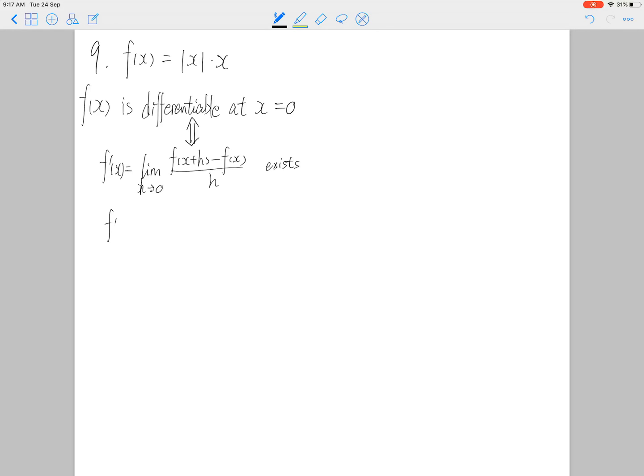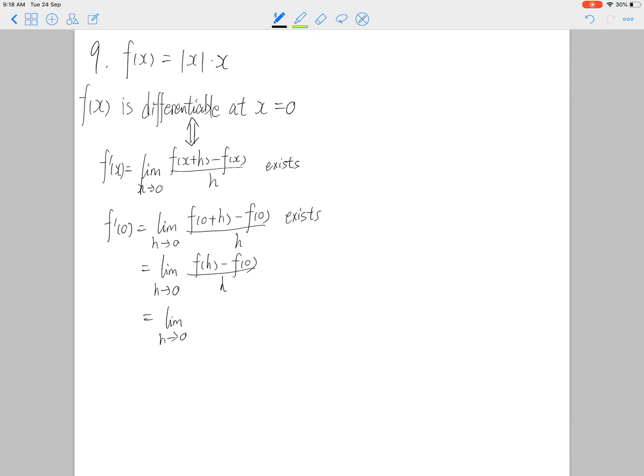So f prime of 0 is the limit as h approaches 0 of f(0 plus h) minus f(0) over h. So it is the limit as h approaches 0 of f(h) minus f(0) over h.